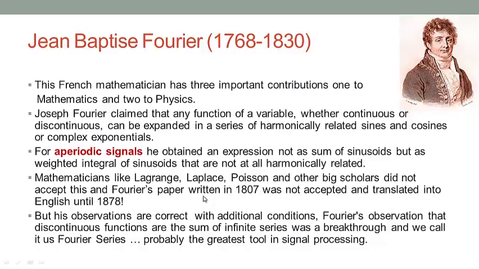And only towards the end of his life and after the death of Lagrange, his paper, which proposed this Fourier series and Fourier transform, was accepted, and then it was published. So he proposed this in 1807, but it was published after 1878, in English. He wrote it in French. Finally they found that his observations are correct with additional conditions.